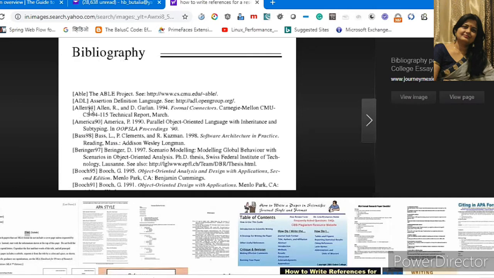Over here, the author is mentioned, in which year, maybe the other authors, and then the details of the page number, and in which report it was published, in which month, and obviously the year 1994 is mentioned. Now here next, this is a conference paper. You can clearly tell because it's a proceedings, published in 1990.